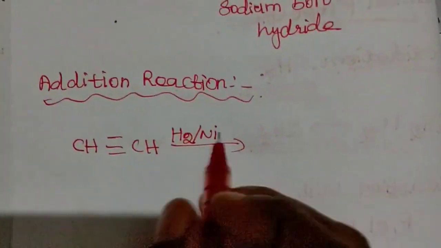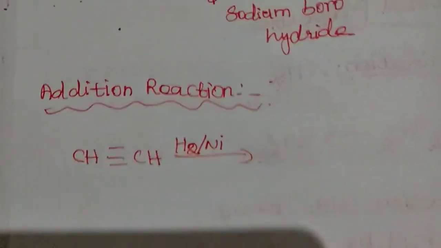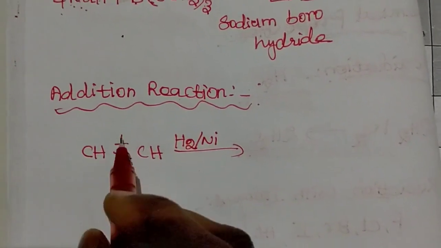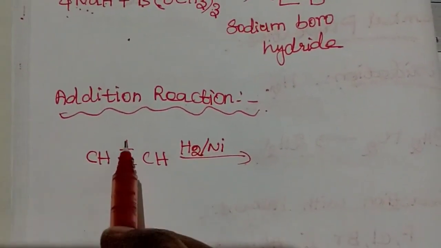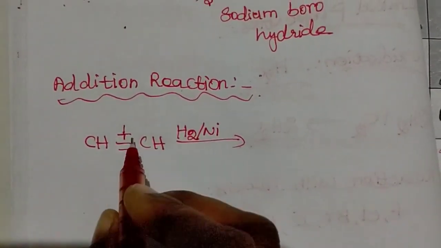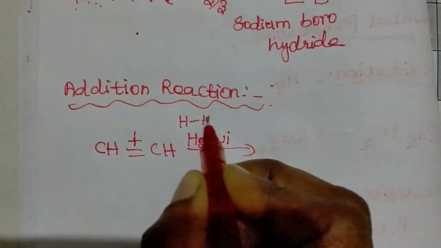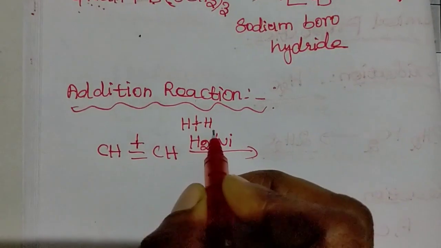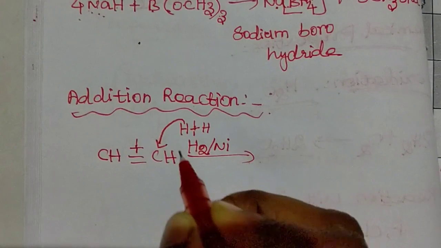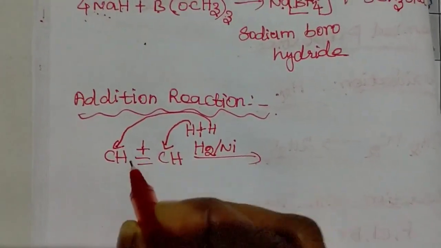Now, in the reaction between this organic compound acetylene and hydrogen in the presence of nickel, one bond from the triple bond breaks. Because of this bond breakage, the bond between the 2 hydrogens is broken, and now 1 hydrogen is attached to one carbon, and another hydrogen is attached to the other carbon.